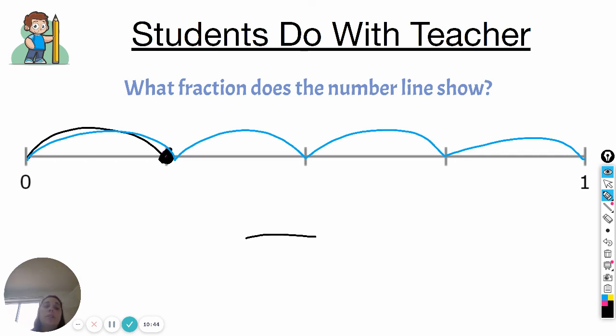Okay, so it took us 1 jump to get to the dot, and it took us 4 jumps to get to the 1 or 1 whole, which means that this number line shows the fraction 1/4.